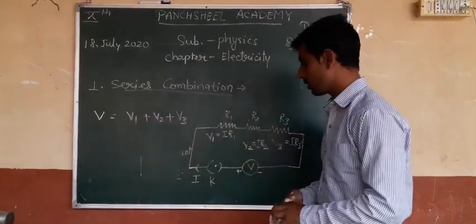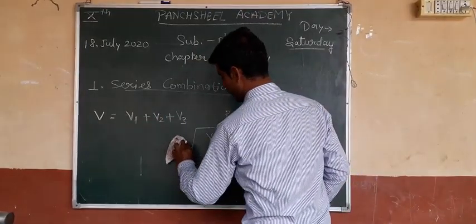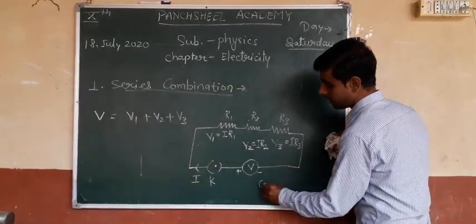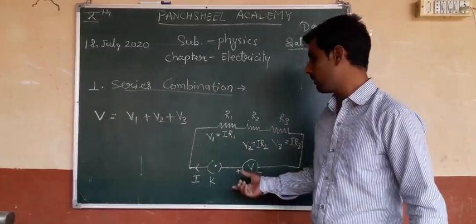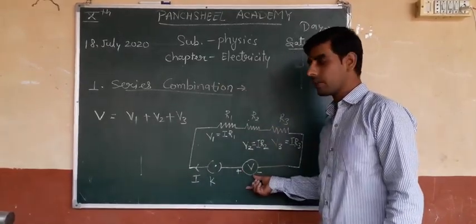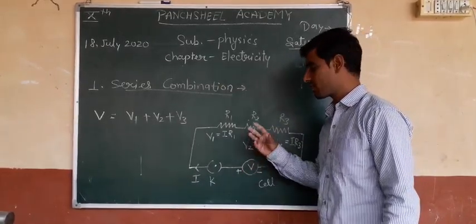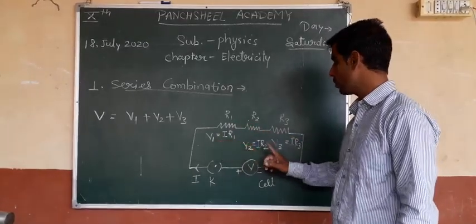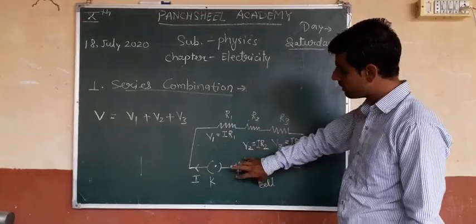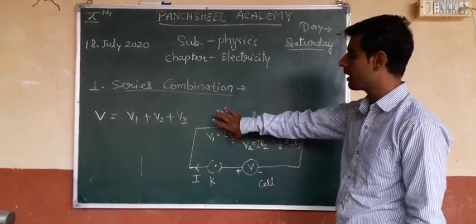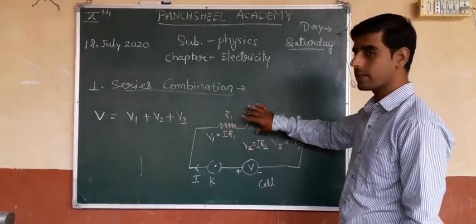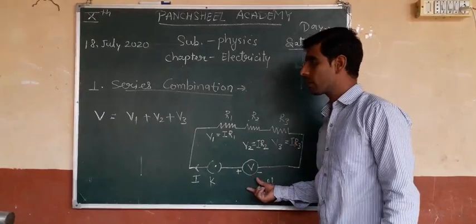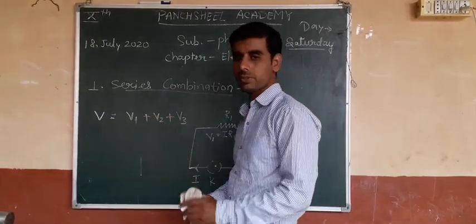Why? Because if we apply some voltage from the cell or battery, this voltage is split into three parts, V1, V2, and V3, utilized across the three resistances. So the total voltage V is V1 plus V2 plus V3.